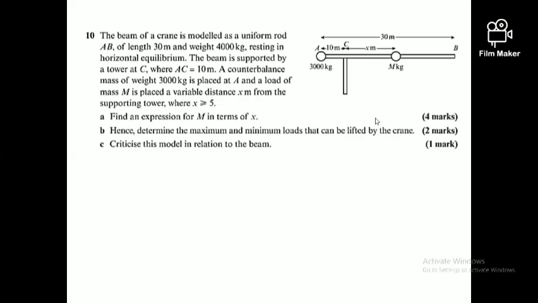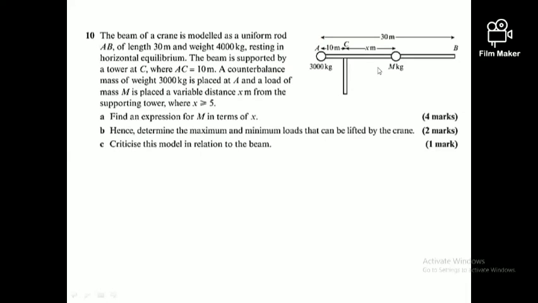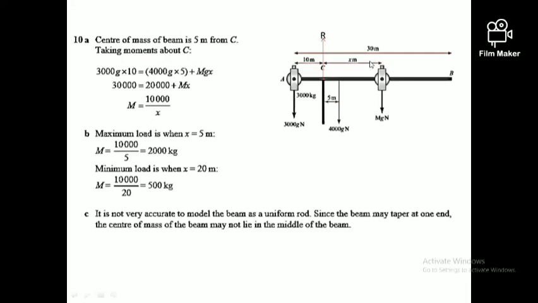So from where does this 4000 G come? Because we know that the weight of the rod is 4000 kilograms. It's a uniform rod, so it should act at the midpoint over here. So you know the total length is 30, here the length is 15. If this length is 10, this should be 5, right?